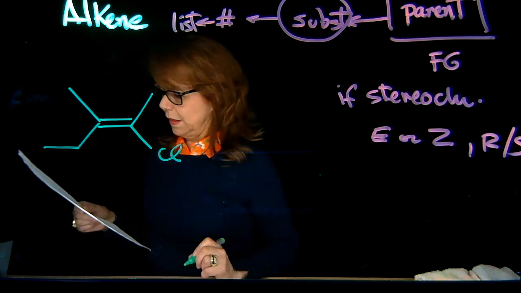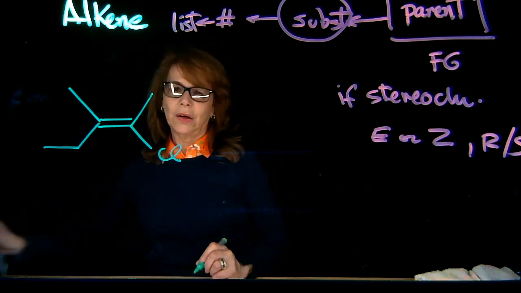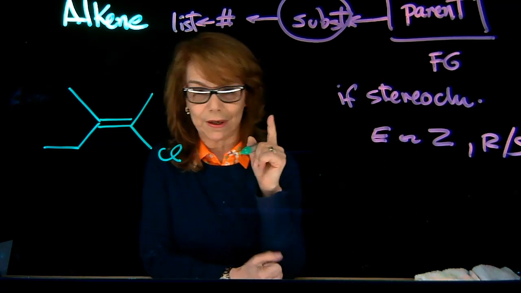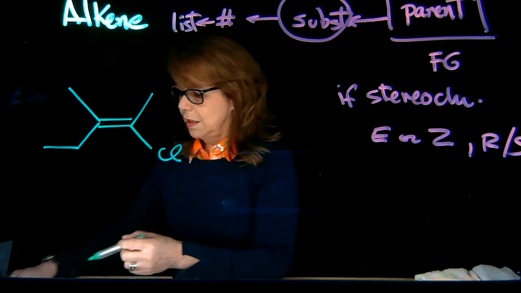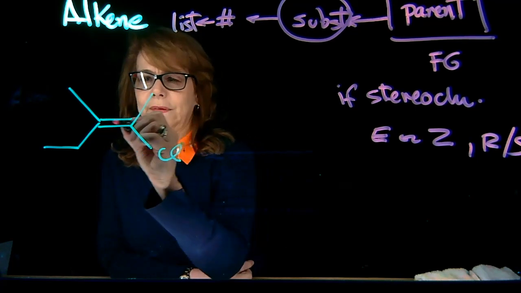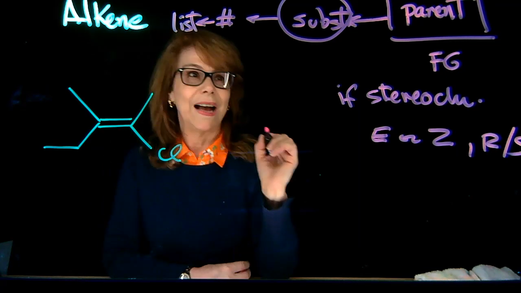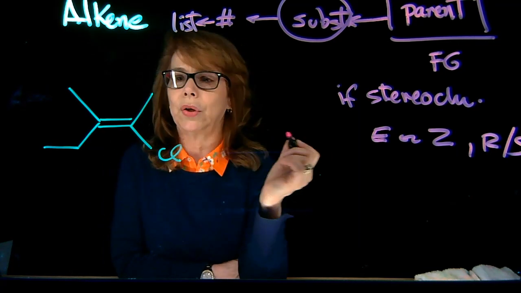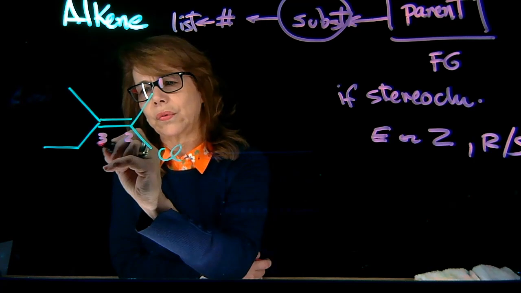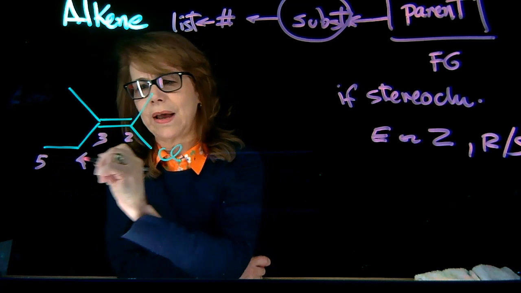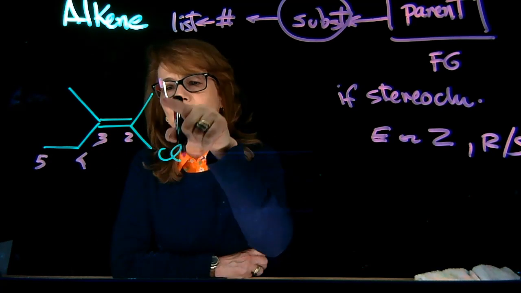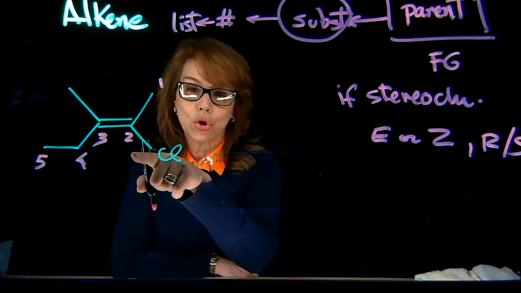Now here again, we need to see, what is my functional group? The alkene. All right, so I need to choose the longest chain that contains that functional group. But I need to pay attention to how I number that. The longest chain is 1, 2, 3, 4, and 5. That is the correct numbering because if I number this way, it is 2-pentene.